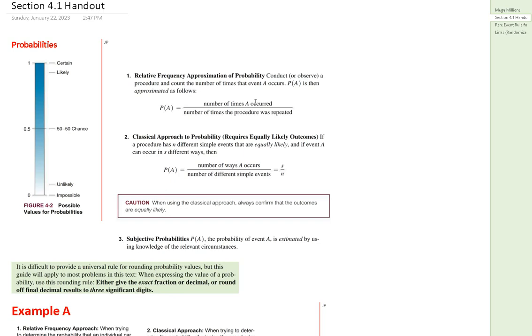And finally, there's subjective probabilities. That's when somebody just gives you their best guess based on specialized knowledge that they may have or understanding of the circumstances surrounding something. It's just kind of an educated guess. Now, we're not going to do a whole lot with that third approach. There is one kind of tongue-in-cheek example about that coming up. But those are the 3 different ways we're going to look at probabilities.